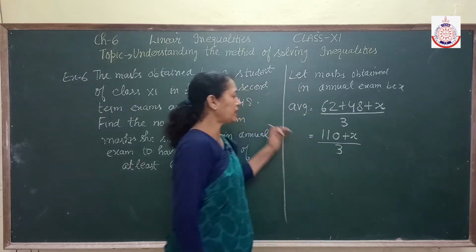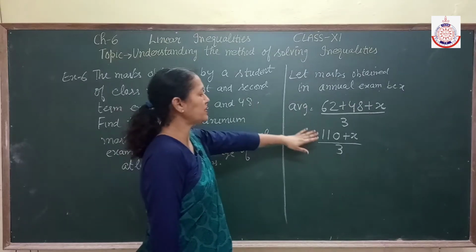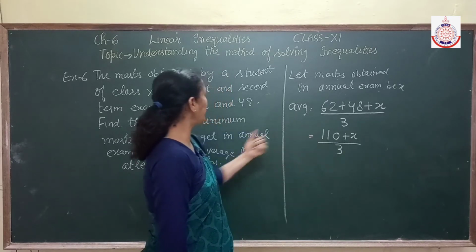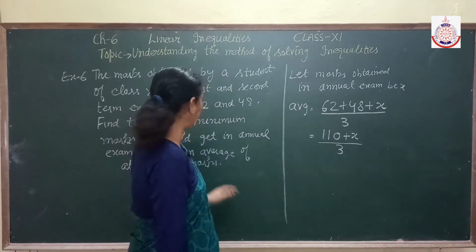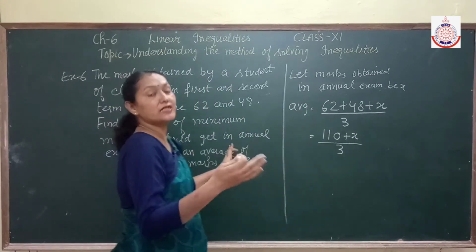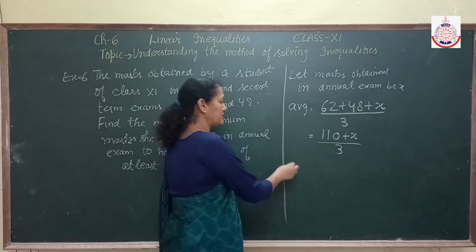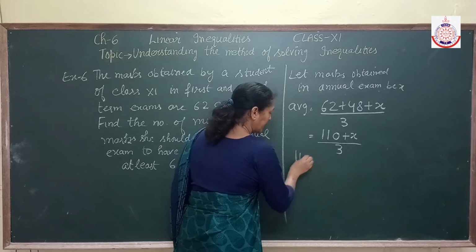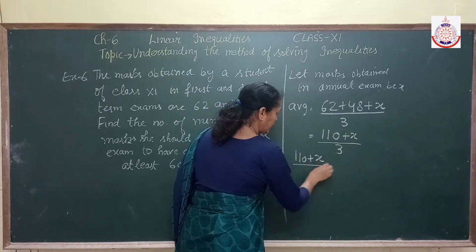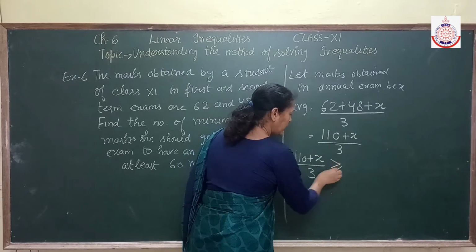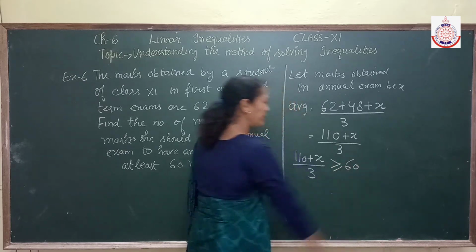Now, according to the condition of the question, these average marks should be minimum 60. Minimum means at least 60, means average marks should be greater than or equal to 60. This is the meaning of minimum.